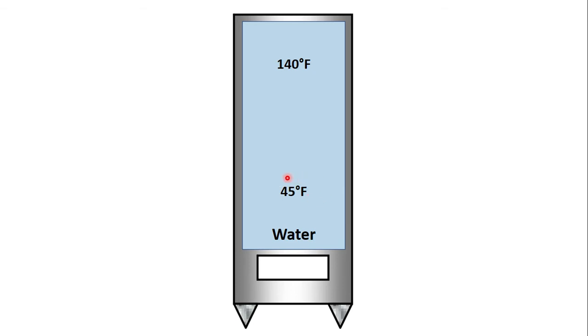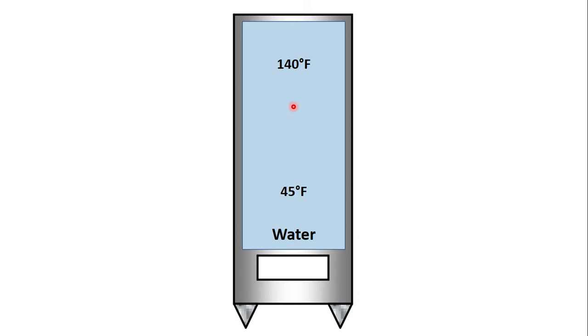Initially the temperature of the water is 45 degrees Fahrenheit, and you have to increase it to 140 degrees Fahrenheit. So, to increase the temperature from 45 to 140 degrees Fahrenheit, how much heat is needed to raise the temperature of this water?